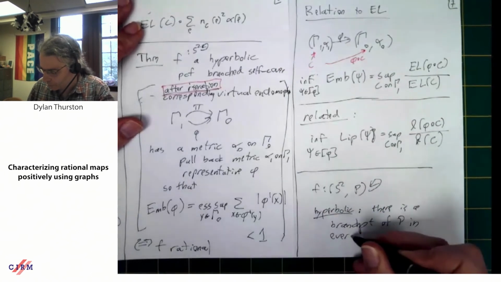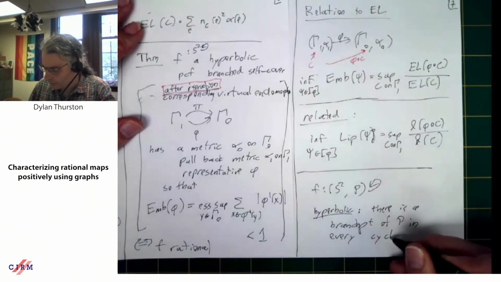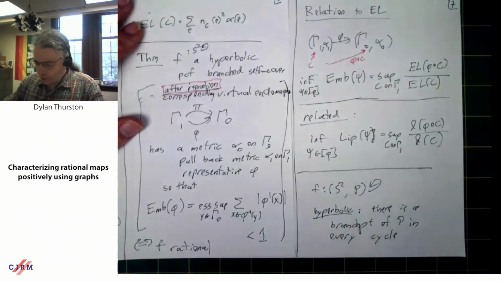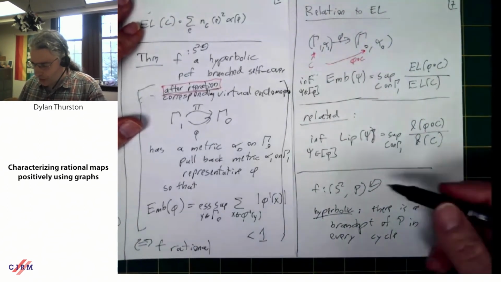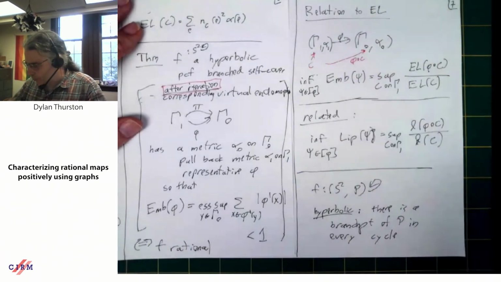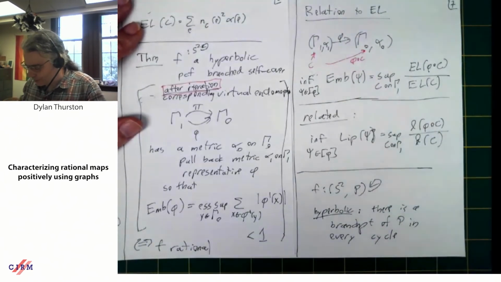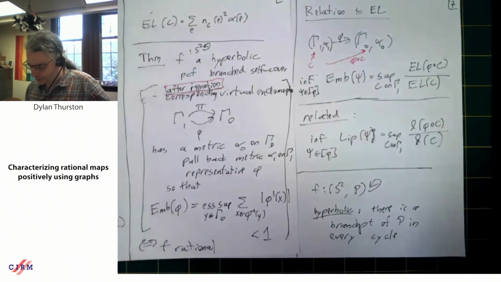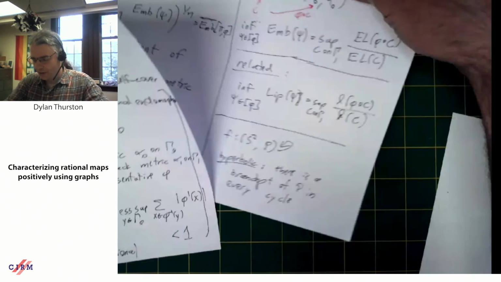So it corresponds to hyperbolic rational maps in the dynamical sense. It's unfortunate terminology because there's another condition which is asking that the orbifold of the map be hyperbolic, so there's a little ambiguity in the terminology. All right, thank you.